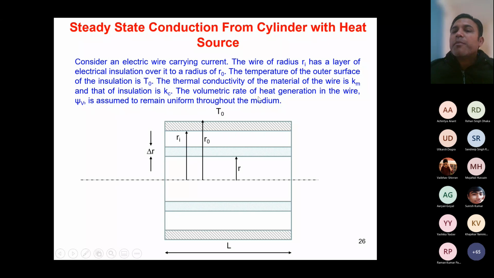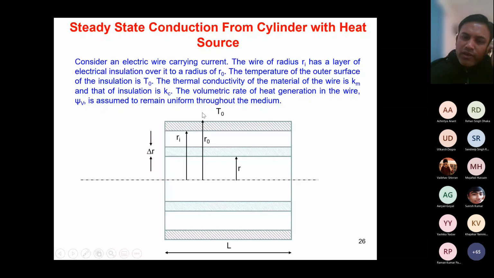The volumetric rate of heat generation of the wire is psi v. We are assuming that it is constant and uniform throughout the medium. It's not a function of radius.